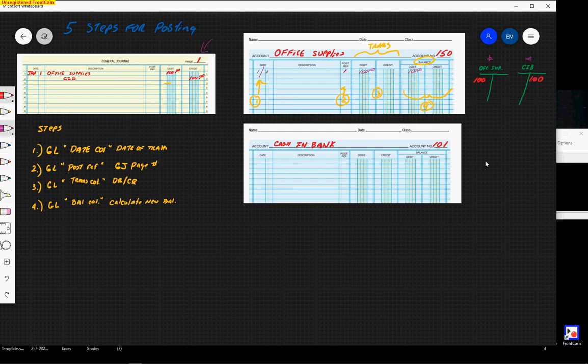5th step, and last. What form? General journal. Number 5, right? So go general journal. Where on the form? The post reference column is right here. What goes in there?